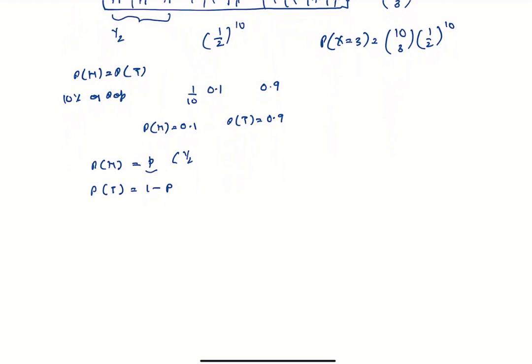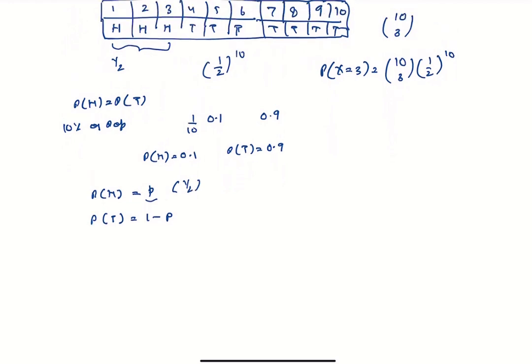P can be any number. Now again, with the same principle as above, for the probability of x equal to 3, the combination is still going to be 10 choose 3.